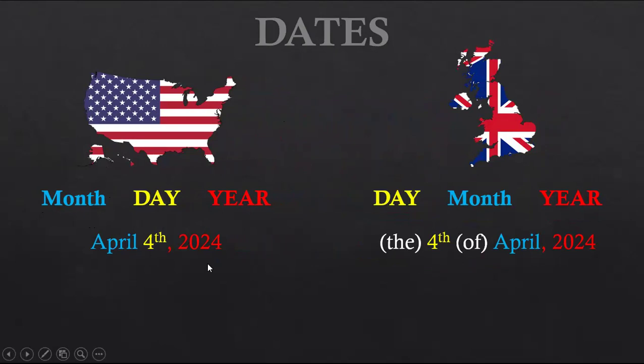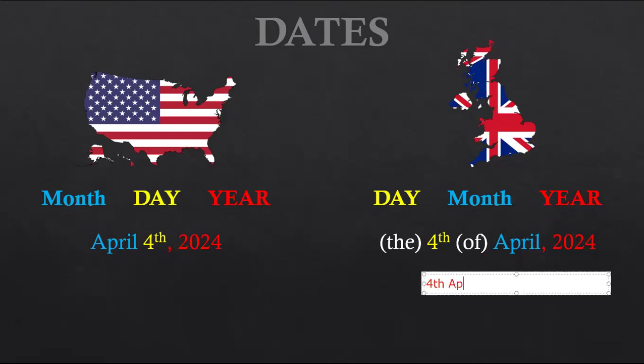But in the British way, it's the other way around. You change positions with day and month. Day goes first, then goes month, and the last goes the year. It's written like this: the 4th of April, 2024.